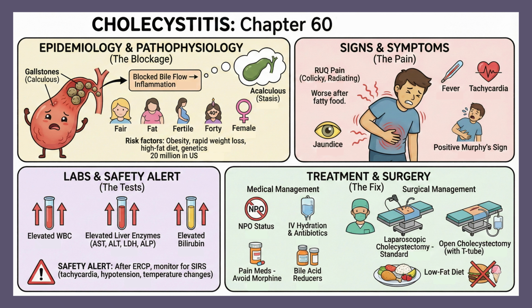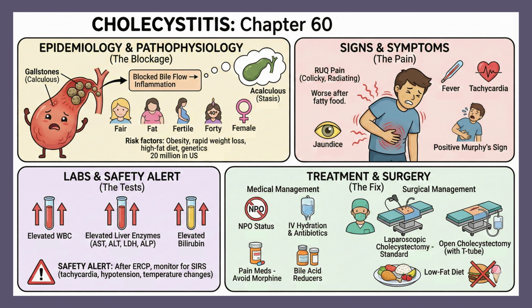While uncomplicated cholecystitis often resolves within days, with a low mortality rate, approximately 25% of patients develop complications such as perforation or gangrene, which can lead to critical illness, and the mortality rate can be as high as 60%, often due to sepsis.